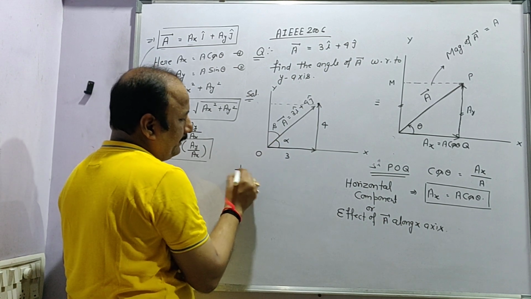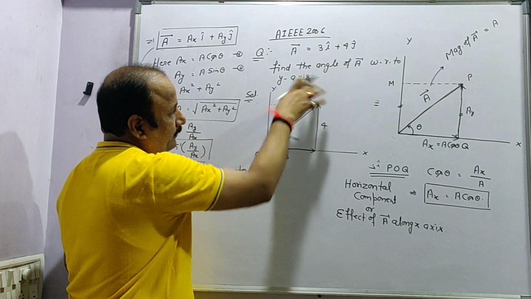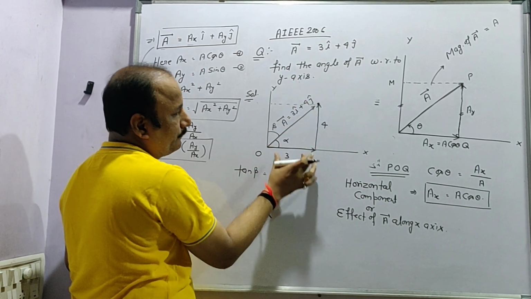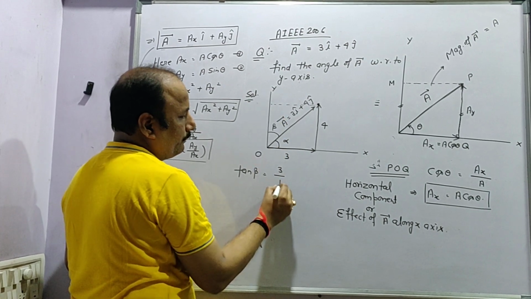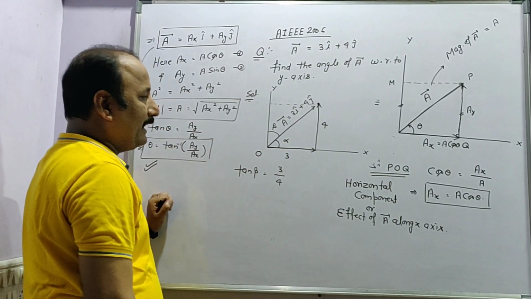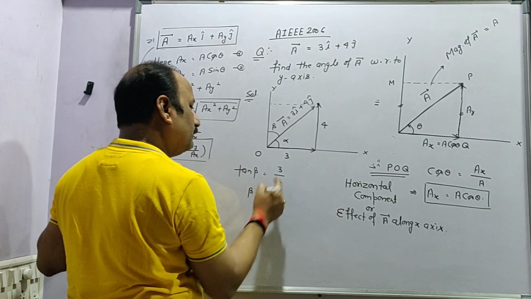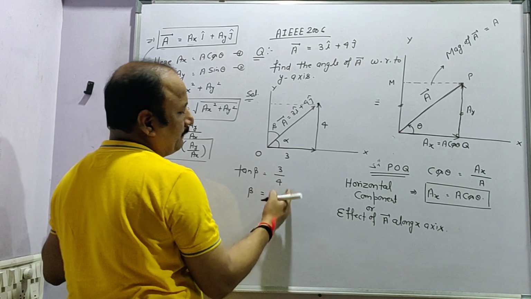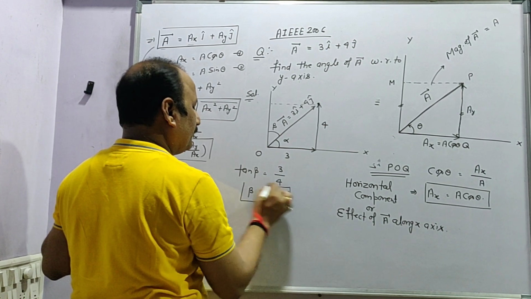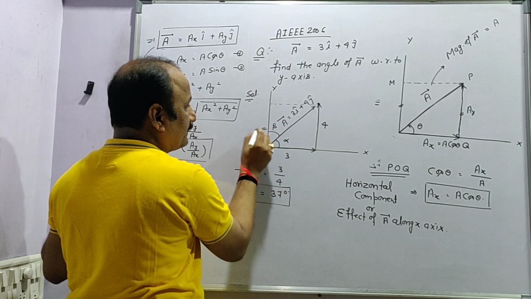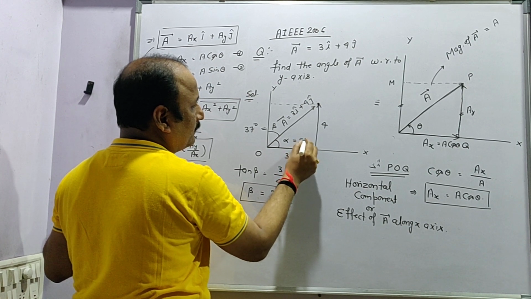So tan beta can be written as perpendicular upon base. This is 3 and this one is 4. And tan beta is 3 by 4, which is basically 37 degree. Means this angle is 37 degree. So with respect to x axis, this angle is 53 degree.